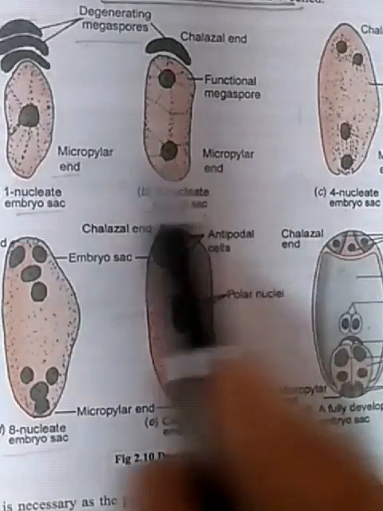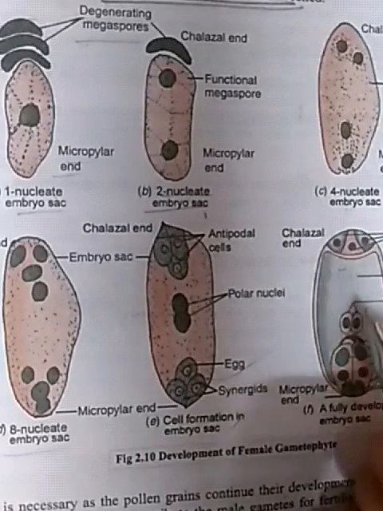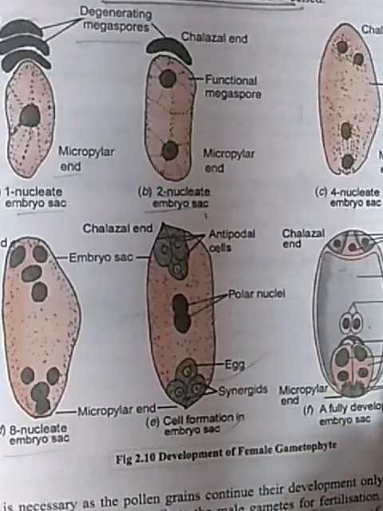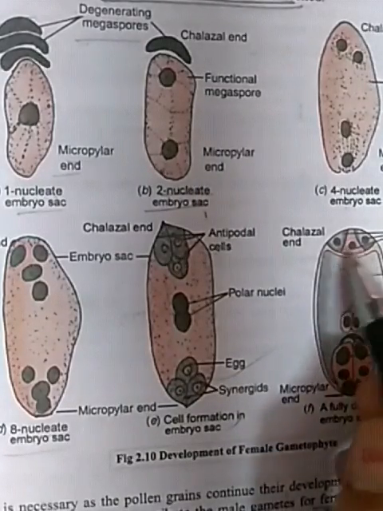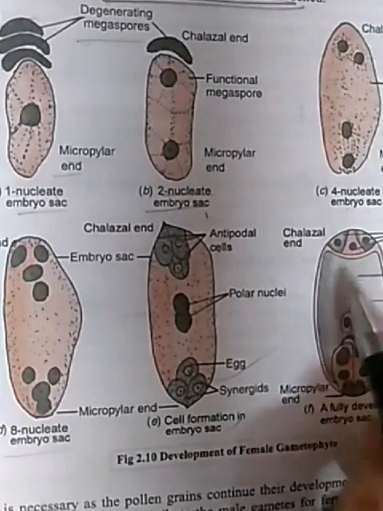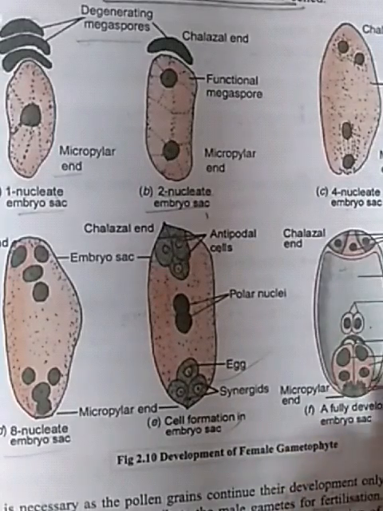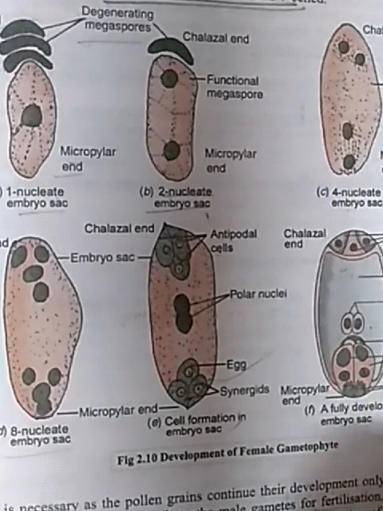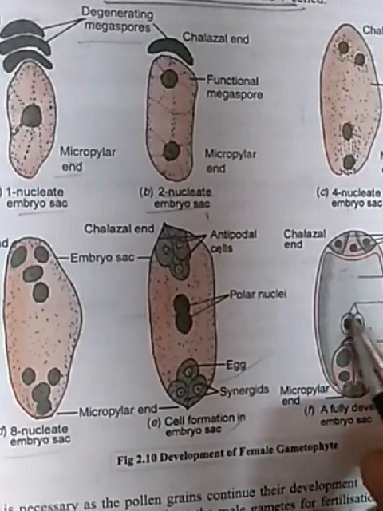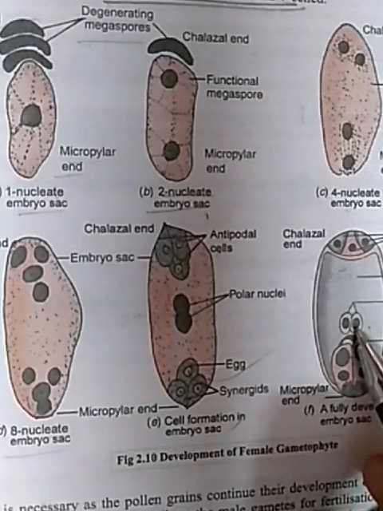Thus, as a result of all these divisions, the mature or fully developed embryo sac is 8-nucleate but 7-celled. There are 3 antipodal cells, 3 cells as the egg apparatus, among which 2 are synergids and 1 is the female gamete, and in the center are the polar nuclei.